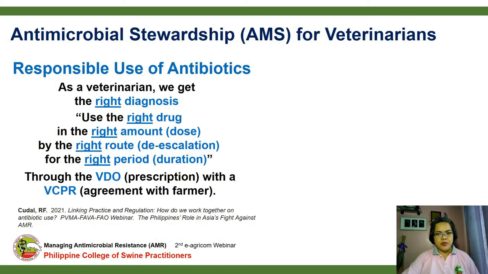It has been proposed that the antimicrobial or antibiotic stewardship for practicing veterinarians can be the statement on responsible use of antibiotics. As a veterinarian, we get the right diagnosis, use the right drug in the right amount or dose, the right route or the escalation for the right period or duration, and through a prescription.